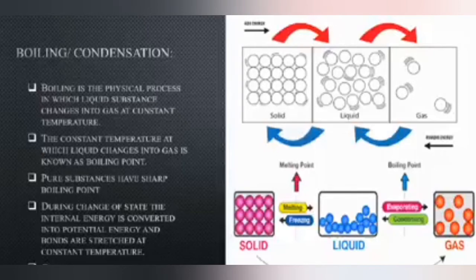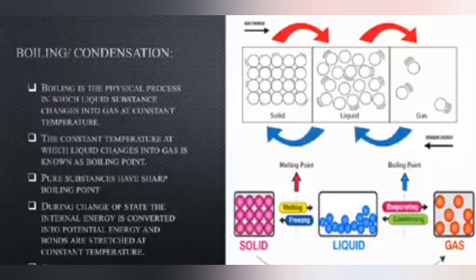जो मेन पॉइंट्स थे आज की क्लास के वो ये कि all these change of state processes are the physical processes, they do not involve any chemical reactions. Melting, freezing, boiling and condensation are the physical processes that involve change of state.